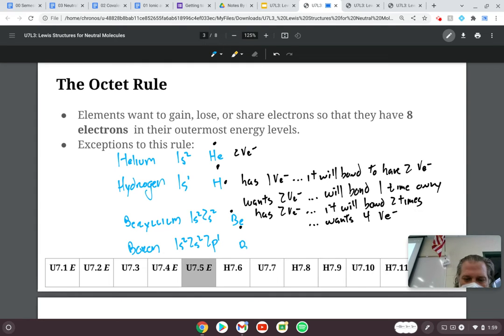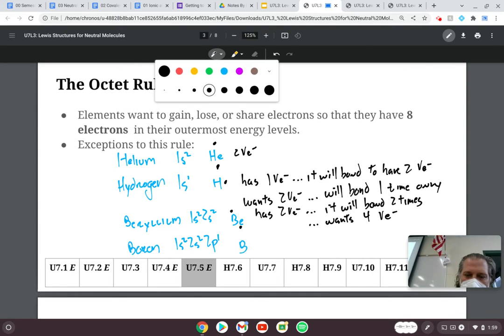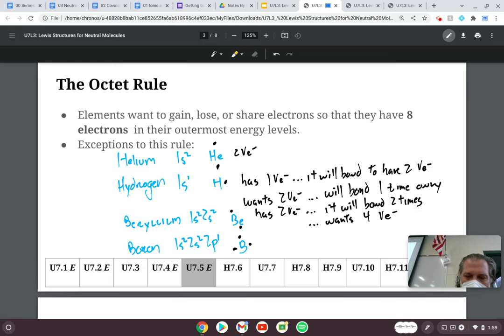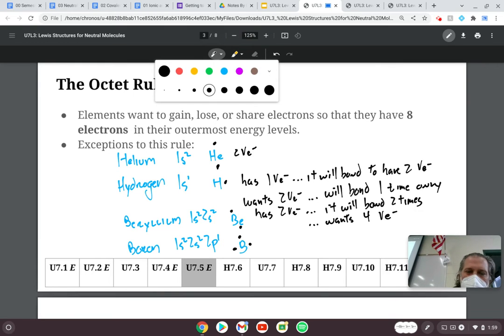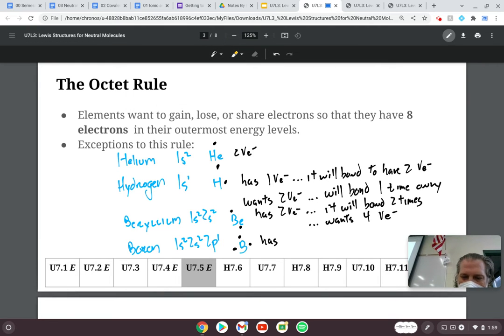So boron looks like this. Boron has 3 valence electrons. It will bond 3 times.